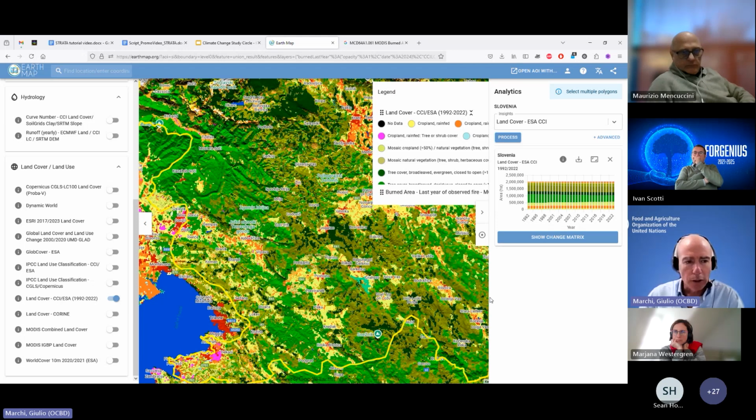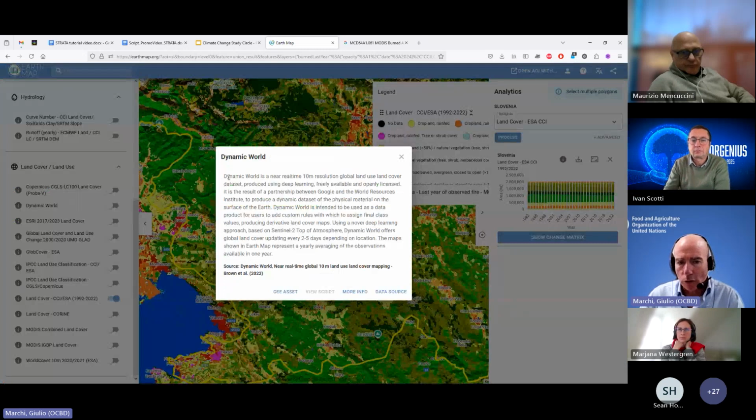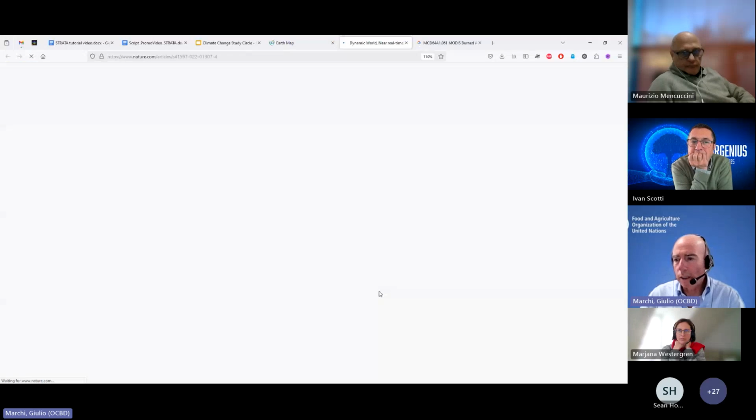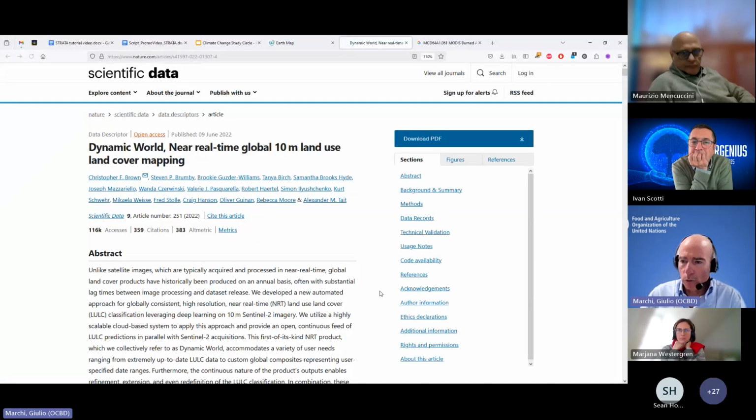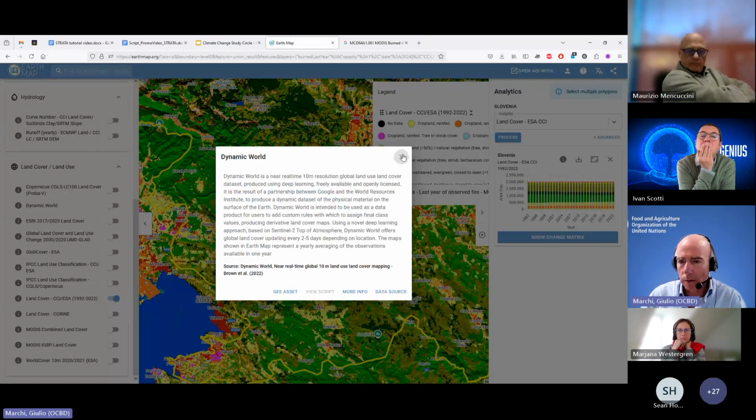That's why each data set has its own introductory text, and at the same time, the user can go to the original source of the data, to understand all the possible detail for each single layer.